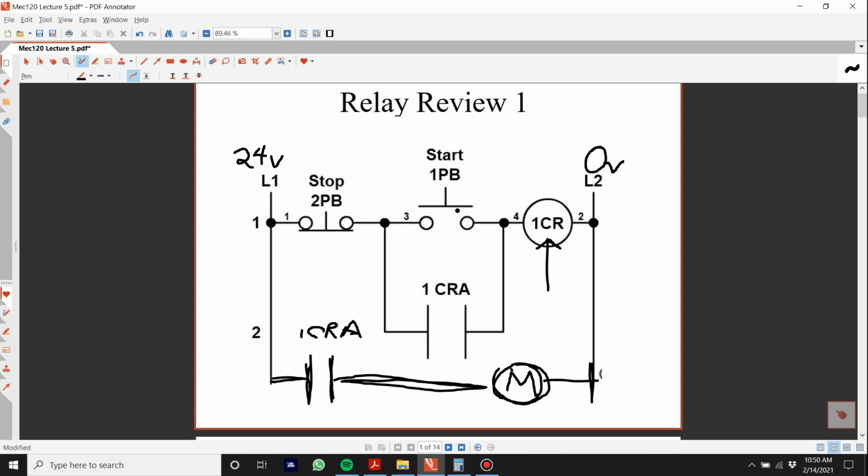So this is a latching circuit. These are both momentary push buttons. Once you press down on the start button, it energizes this coil, which closes the contacts. It latches this circuit and it stays on.